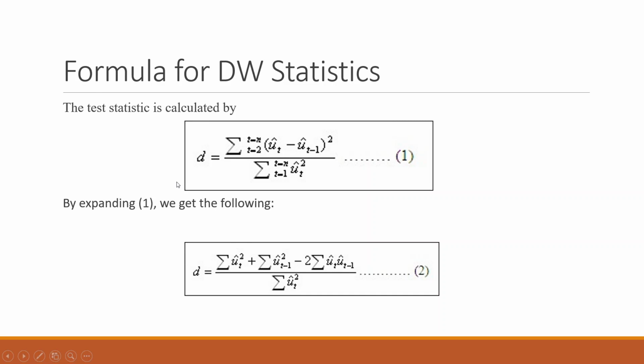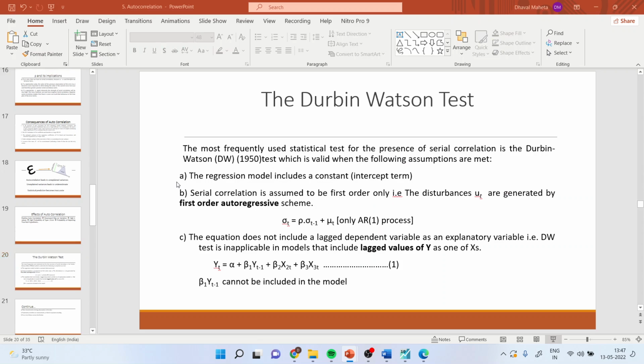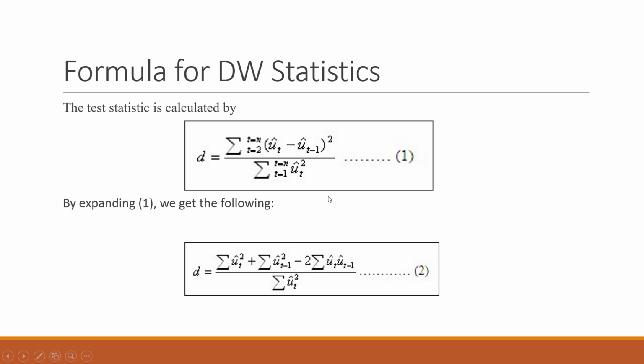Now let's try to understand the concept of the Durbin-Watson statistic. D is calculated as the summation of the present error minus the previous error, squared, divided by the summation of the squared present error. If I expand this, (A minus B) square is A square plus B square minus 2AB. Now in the long run, these two will be the same, so that mu t square is equal to mu t minus 1 square, and this becomes 2 mu t square.